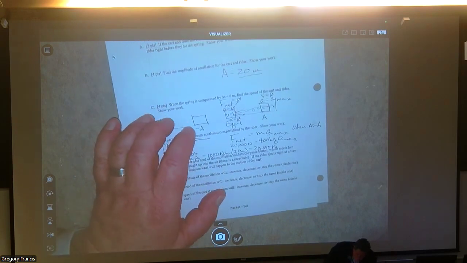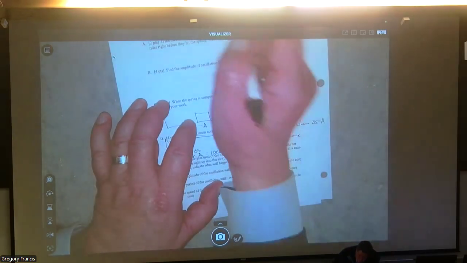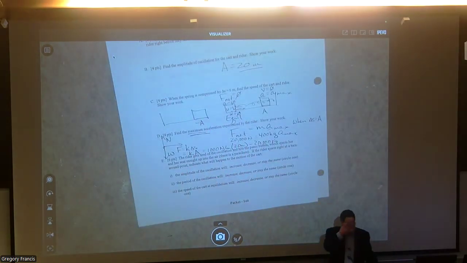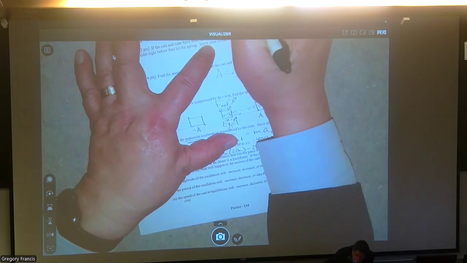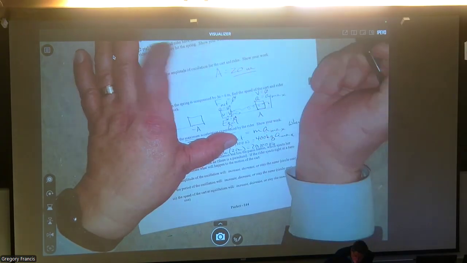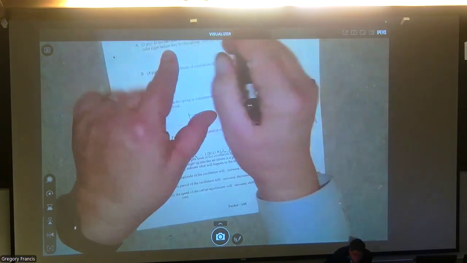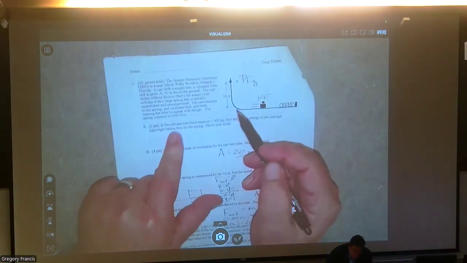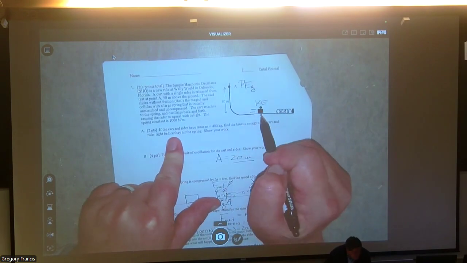So the first part is really not from this part of the course. This is from the energy part of the course, where I had gravitational potential energy here and kinetic energy here.